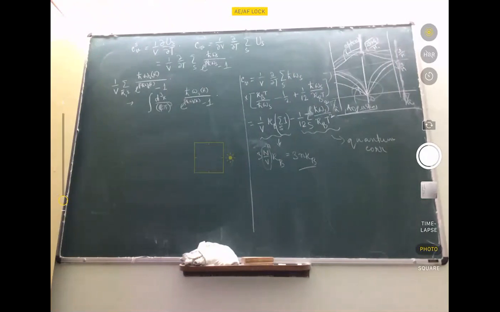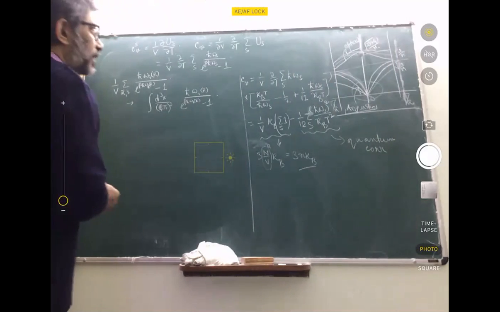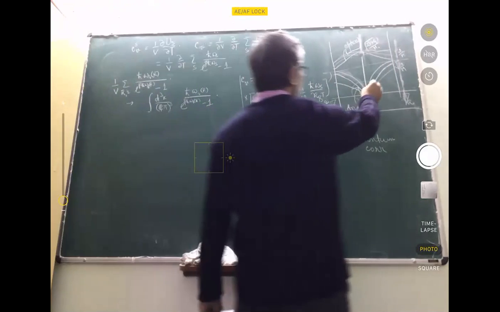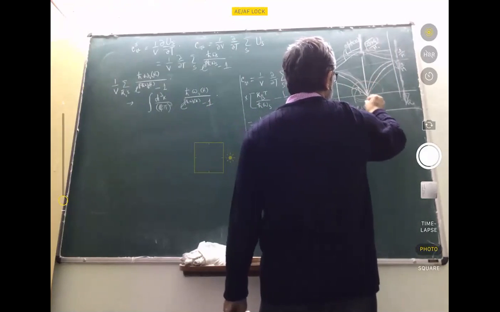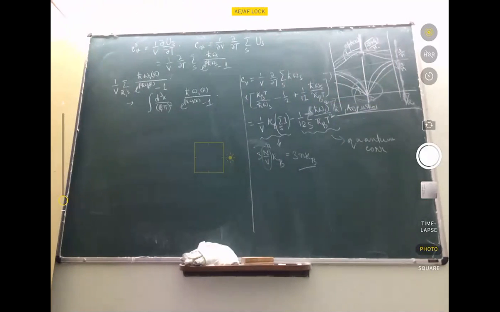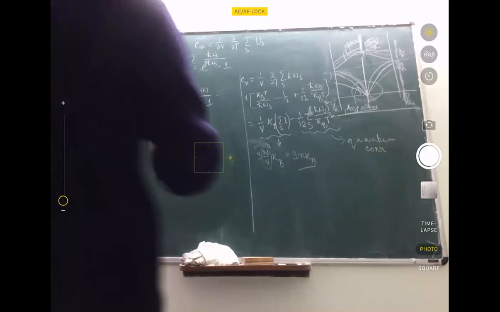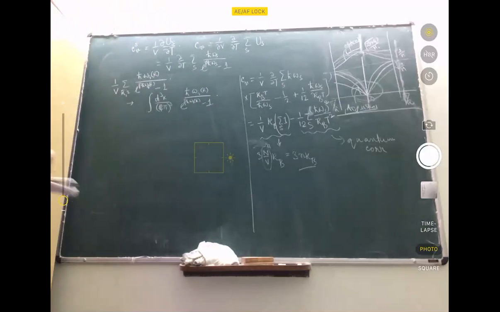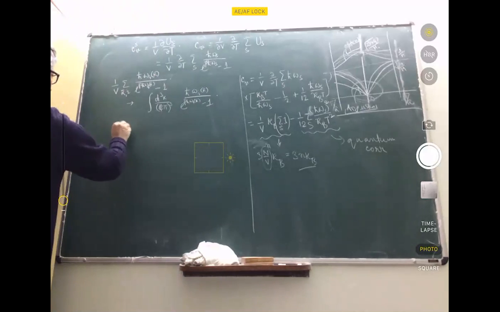So we leave out the optical modes. However, because acoustic modes start from omega equal to 0 when k goes to 0, they will always contribute no matter how low the temperature is. So we cannot ignore the acoustic modes. So we include the acoustic modes. Number one, acoustic branches. So only acoustic branches.